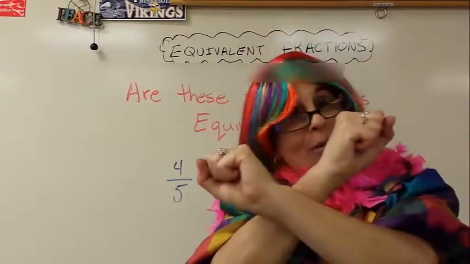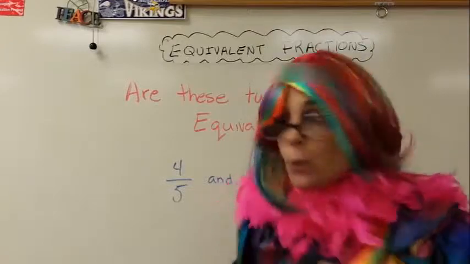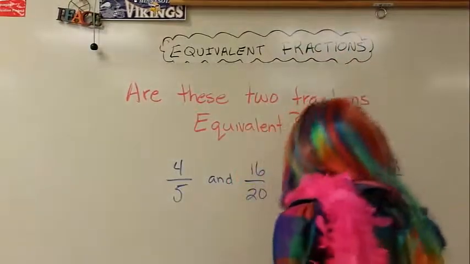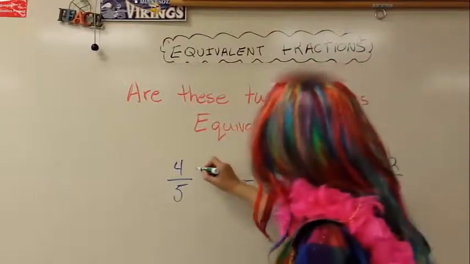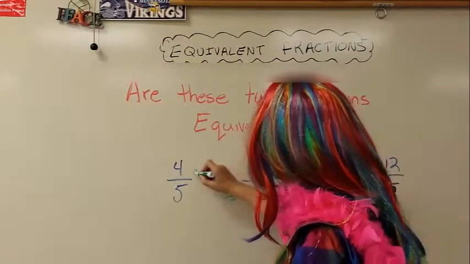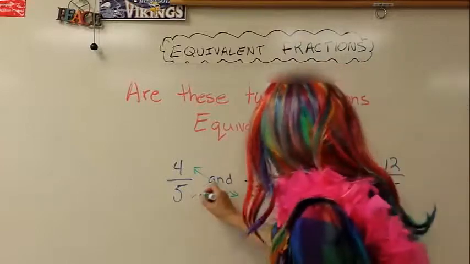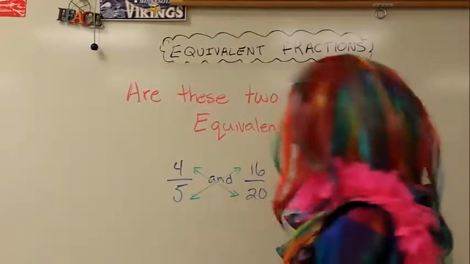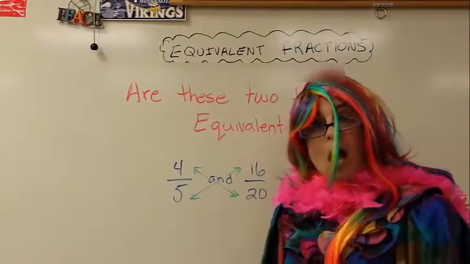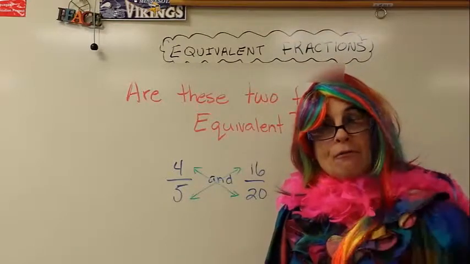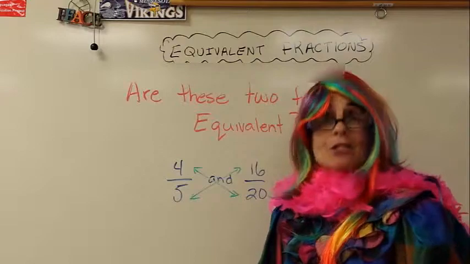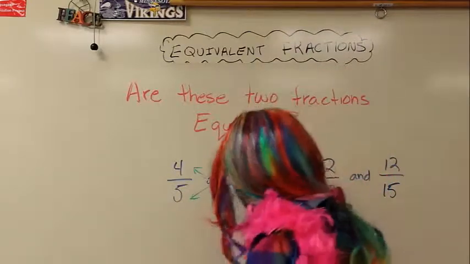Criss-cross multiply. That's what we do. We'll multiply the 4 times the 20, the 5 times the 16, and if they come up equal, then we know the fractions are equal. Yes, it's true.